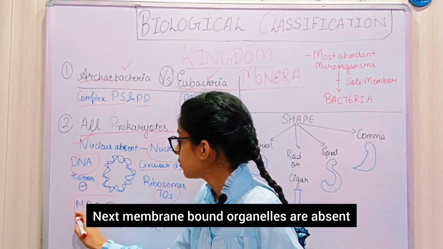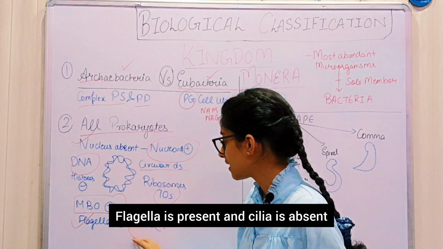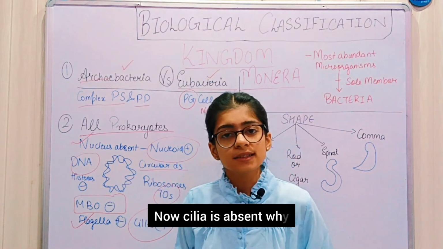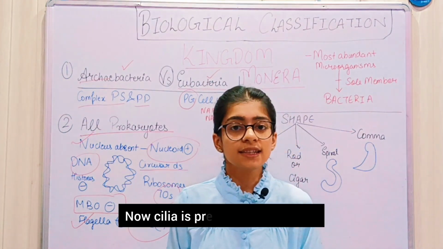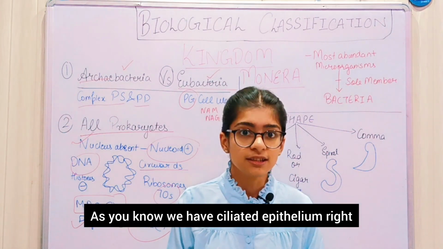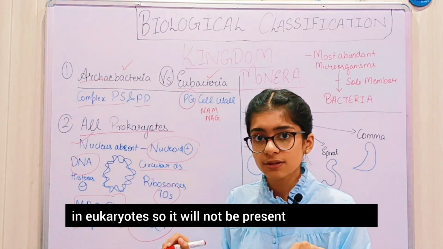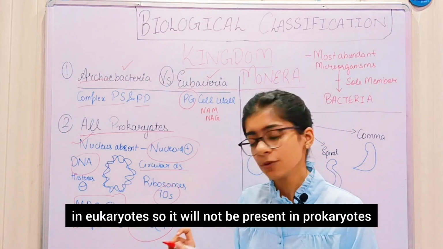Next, membrane-bound organelles are absent. Flagella is present and cilia is absent. Now, cilia is absent. Why? Cilia is present in eukaryotes, as you know, we have ciliated epithelium, right? So you can understand the cilia is present in eukaryotes, so it will not be present in prokaryotes.